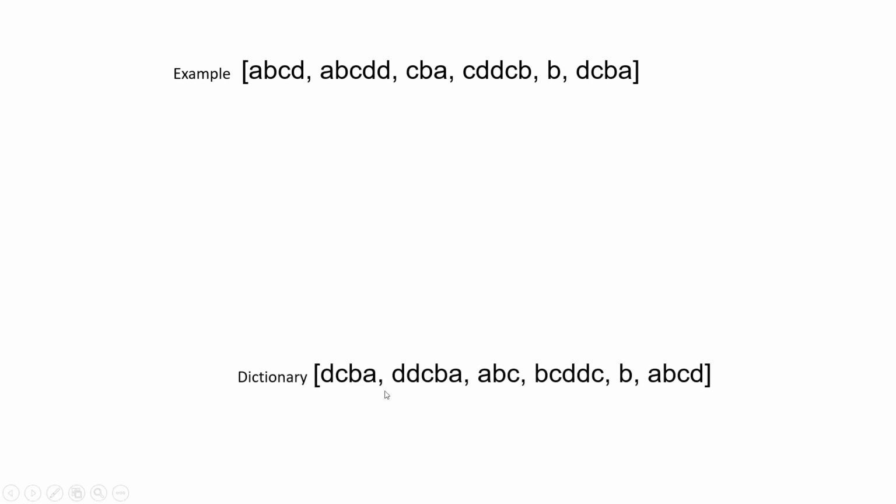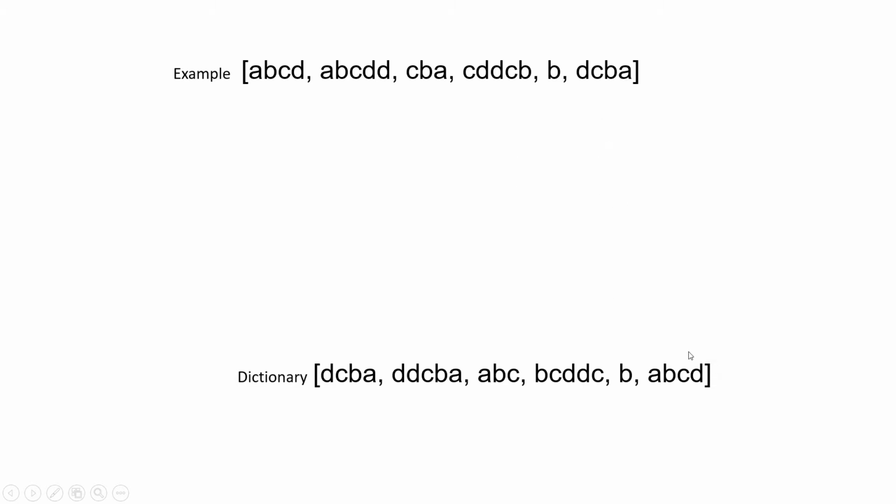DCBA will be at the very first position, position 0. Here, all these words are just reversed: CBA is reversed as ABC, and so on.